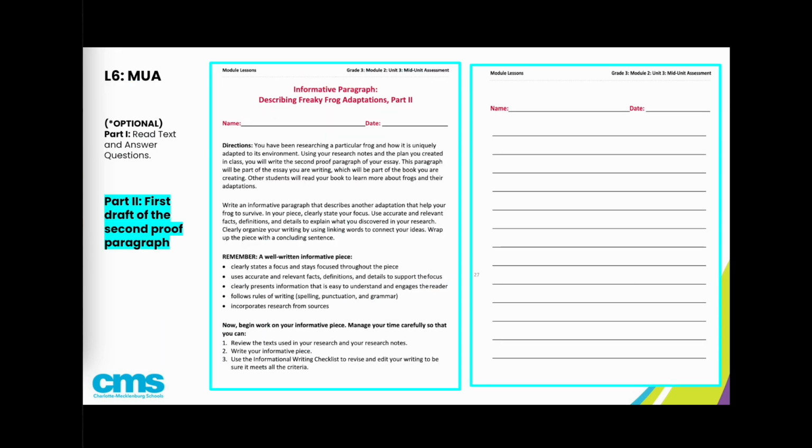Let's break down each of the assessments. For the mid-unit assessment, there are two parts. However, Part 1 of the assessment is optional. This is where students answer selected response questions. In Part 2, which is required, students write the first draft of the second proof paragraph for their informational text about the unique adaptations of their frog.